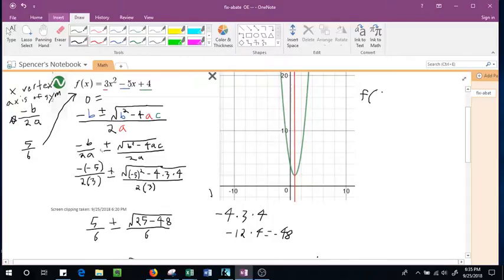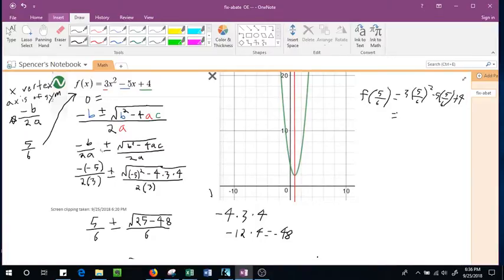We're going to get f of 5 over 6 is equal to 3 times 5 over 6 squared minus 5 times 5 over 6 plus 4. We're looking at about 1.92. 1.92 for our y value when x is 5 over 6.